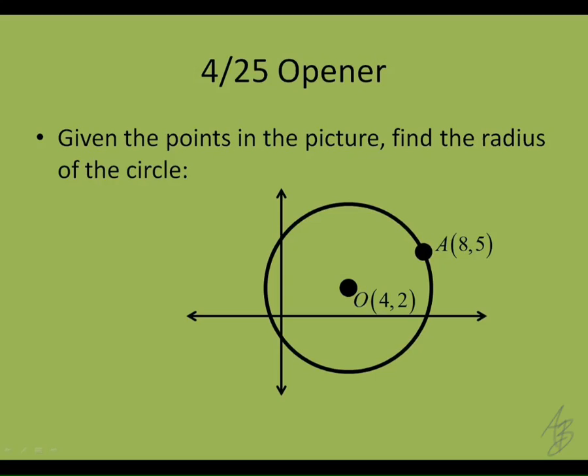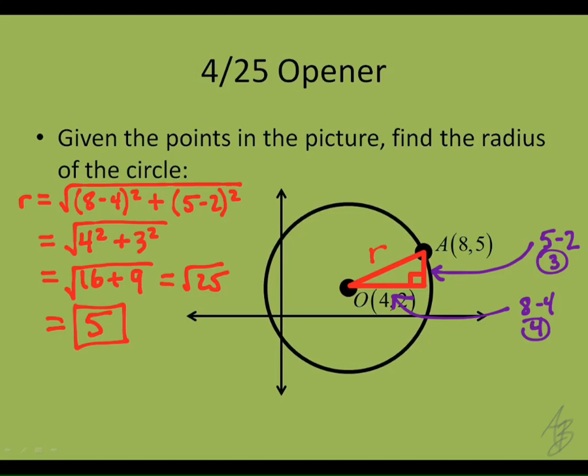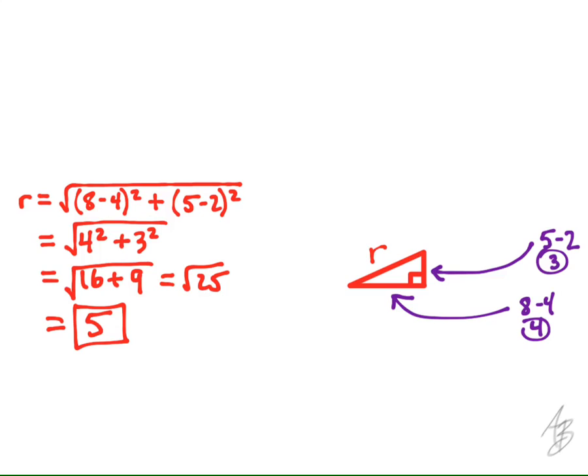If I get rid of all this other stuff here and just look at that triangle, what kind of triangle is it, Tiffany? It is a 3, 4, 5 triangle. So since this leg right here is 3 and this leg right here is 4, then that means that our hypotenuse, which just happens to also be the radius, is 5.